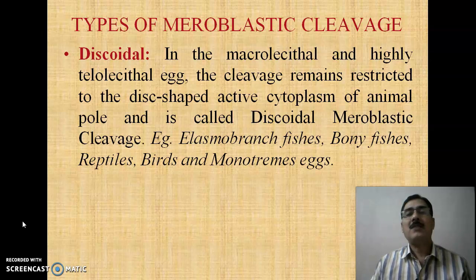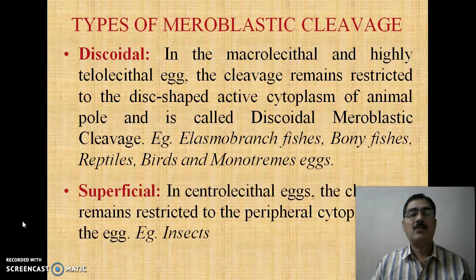The cleavage remains restricted to the disc-shaped active cytoplasm of the animal pole and it is therefore called the discoidal. Such type of discoidal meroblastic cleavage takes place in elasmobranchs, bony fishes, reptiles, birds and egg-laying mammals.